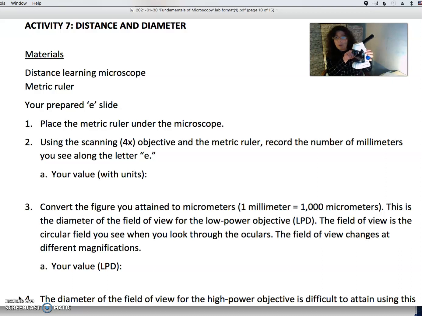You're going to use your 4X objective and your compound light to focus that in on your stage. And after you have it focused in, then you are going to place the metric side of your ruler alongside your E and get it into your focus so that you can see how many millimeter lines you have under the 4X objective.